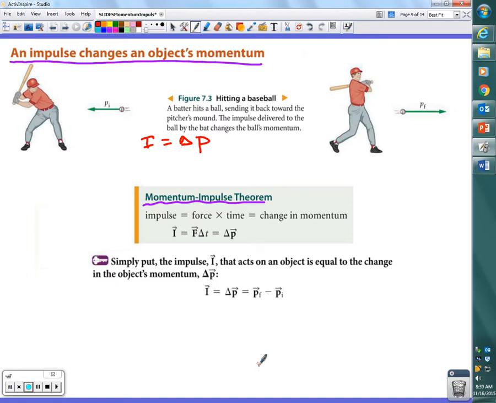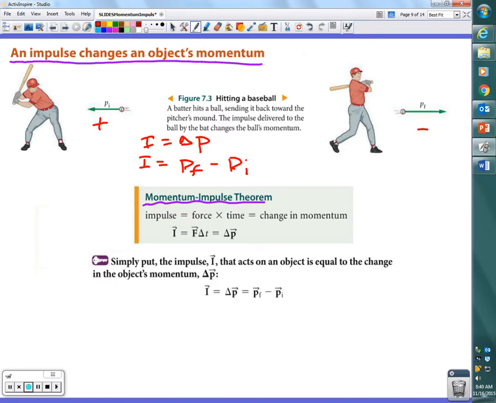So when we apply the impulse momentum equation to a situation like this, impulse is equal to final minus initial. Let's say the initial direction, we call this the positive direction, and that's the negative direction. Good there?